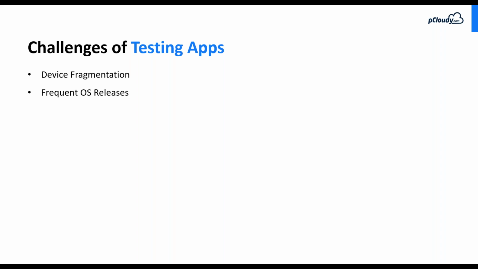Frequent OS releases, right? As I mentioned, if you go back to the 2007 time frame, when we had only Symbian phones or S60 phones or feature phones, the OS releases were not that frequent.